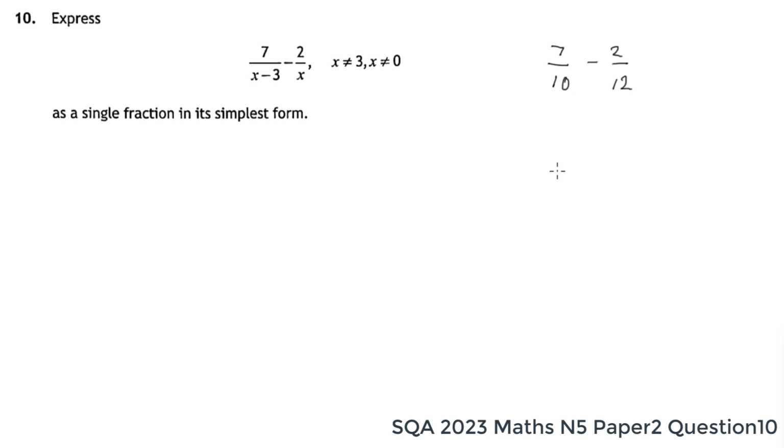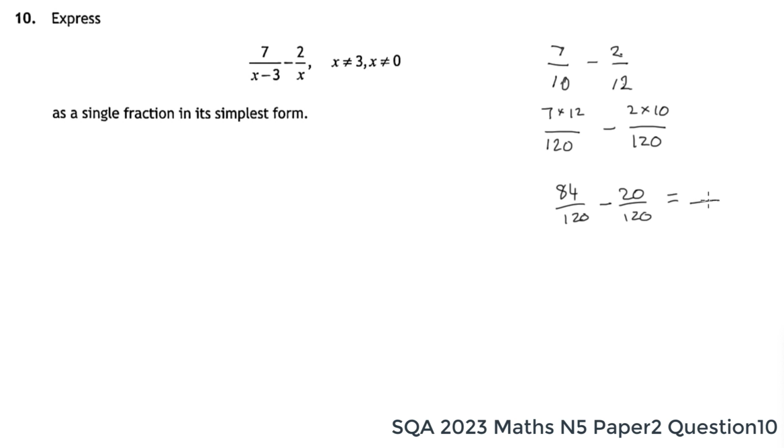We could change both of these to 120ths by multiplying this by 12, and we'd have to multiply the top of the fraction by 12. Multiplying the bottom of this one by 10 gives you 120, and multiplying the top of this by 10. So we'd end up with 84 120ths minus 20 120ths.